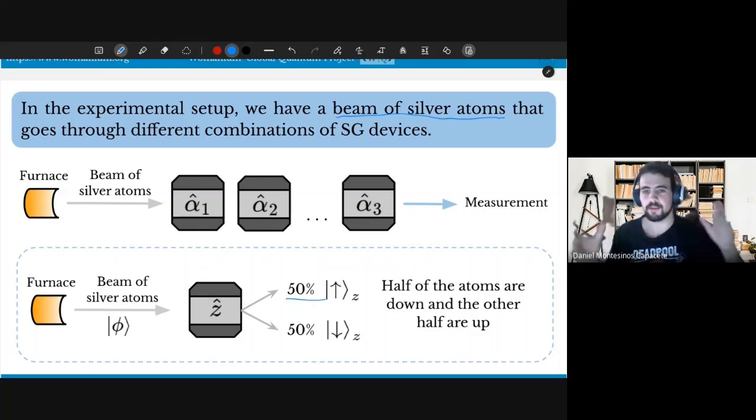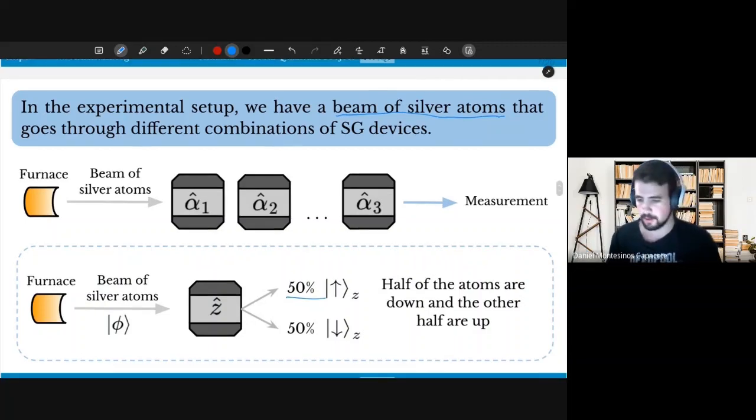Just out of this randomness that we don't know. Since the furnace is not prepared to give you any concrete state, given probability and statistics, the most probable outcome is that you have 50%, half of the particles up and the other half down. Well, I think I have repeated that enough.